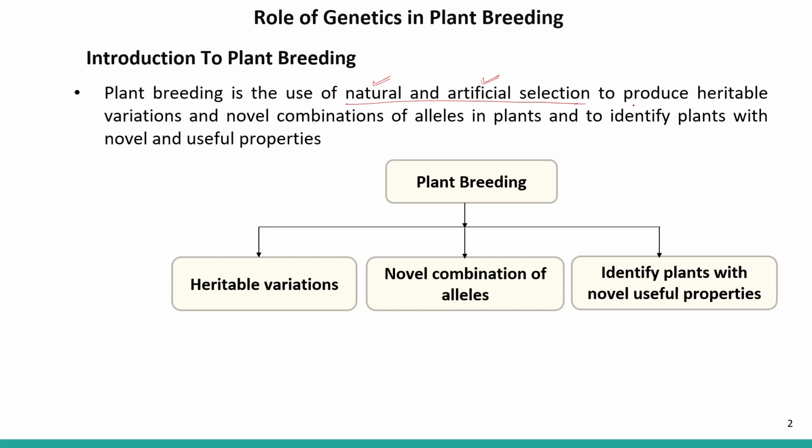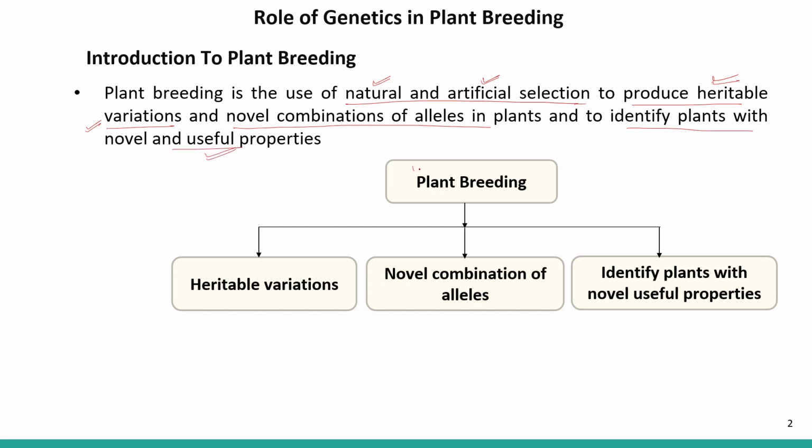That is used to produce heritable variation, the variation that can be transferred from one generation to the next. That is called heritable variation. And the novel combinations of alleles in plants to identify plants with novel and useful properties.